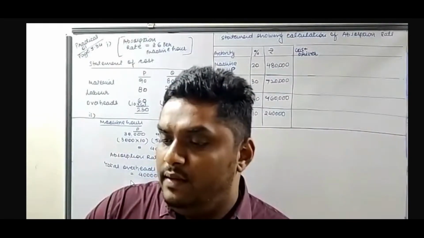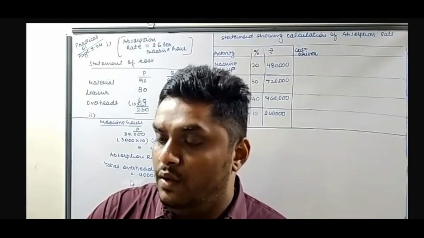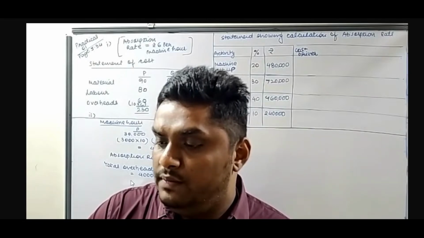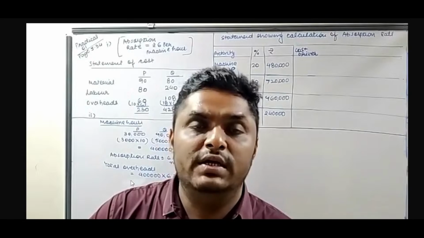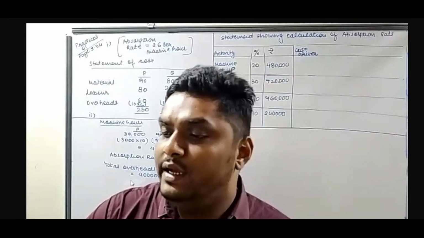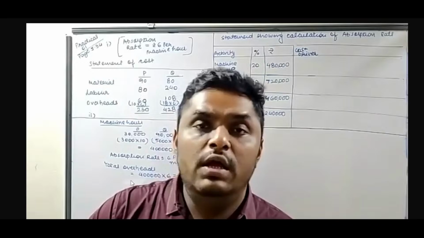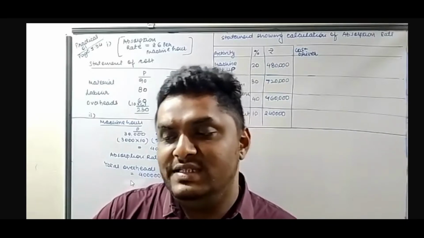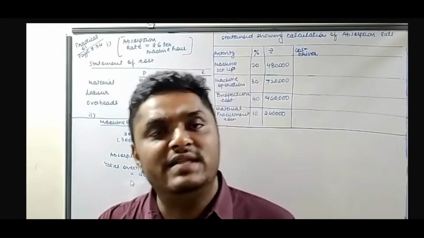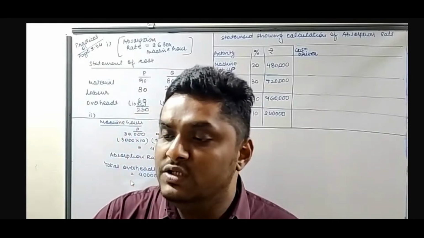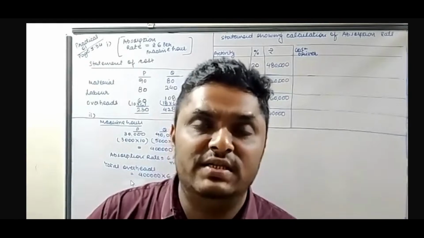When talking about the machine setup cost, it is more or less dependent upon the number of batches, because it has nothing to do with purchase orders, machine hours, or inspection.